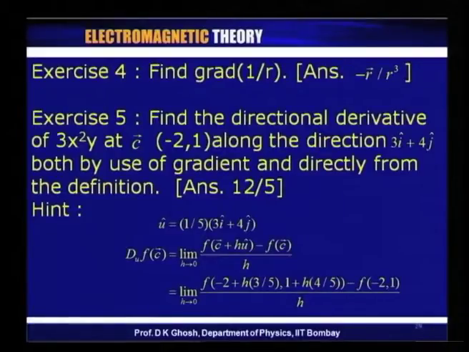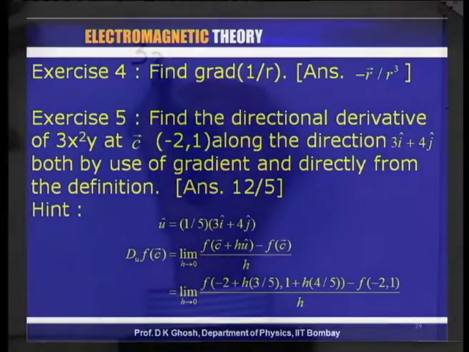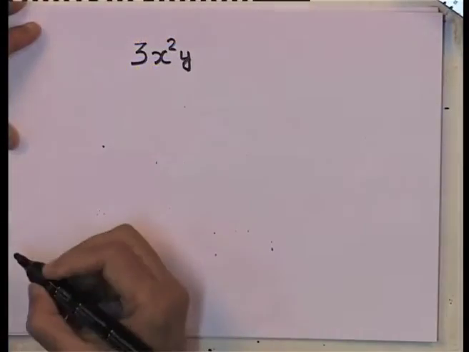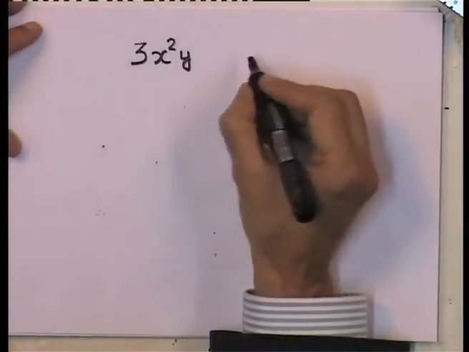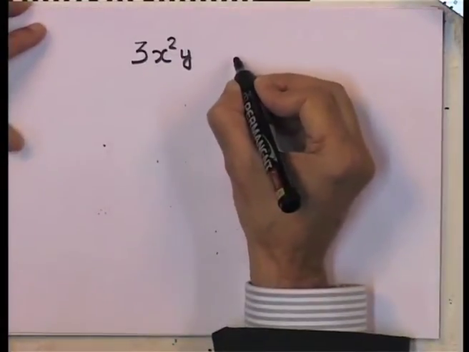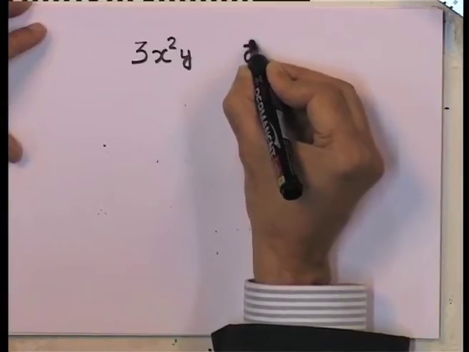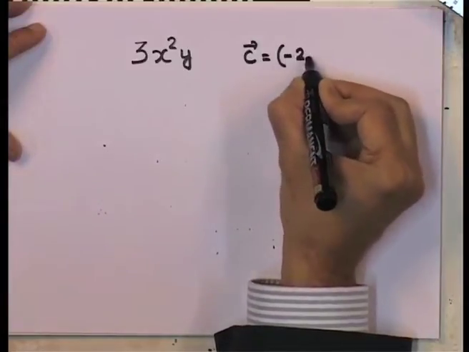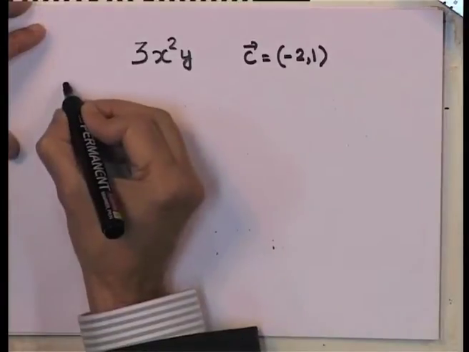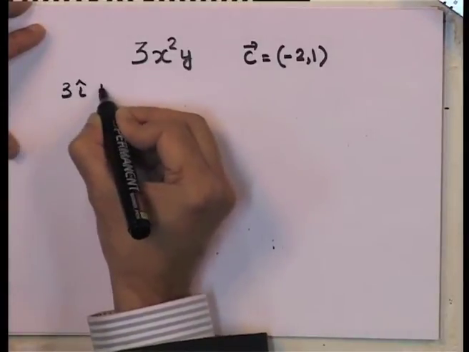Okay? Now, one could try to do some of these things from first principle. For example, I am going to illustrate by partially doing a problem. Let me take a very simple function, 3 x square y, and I want to find out the directional derivative of this at a point c, which is (-2, 1), along the direction 3 i plus 4 j.